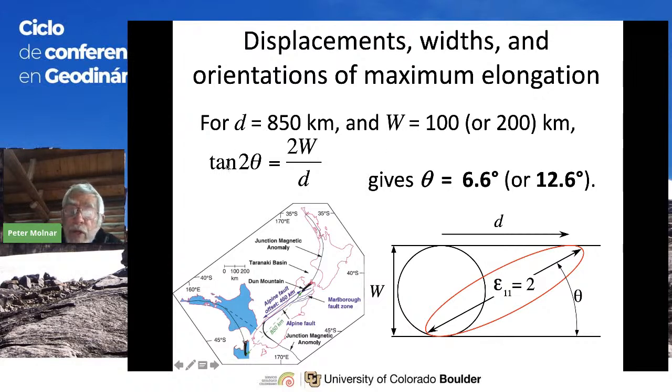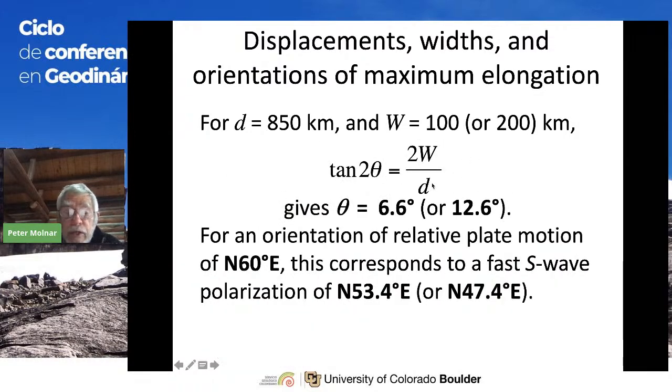Well, if we put those numbers into this formula, we predict that the angle will be 6.6 degrees relative to the orientation of maximum shear, or for 200 kilometers, 12.6 degrees. This orientation of maximum shear would be the orientation of relative plate motion. So this is 6.6 relative to the orientation of relative plate motion.